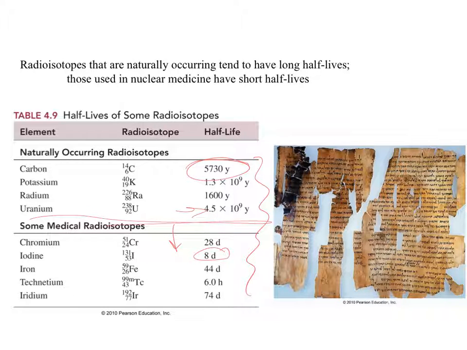And if it's not working properly, it's not going to process that iodine. So when they do the nuclear study, they can tell how your thyroid is behaving. But you don't want something that has a 5,000 year half-life, or you'd be radioactive forever. Be crazy. So you want things with relatively short half-lives in medicine, and that's why we pick and choose the things that we do.